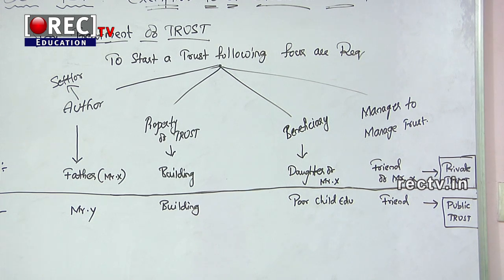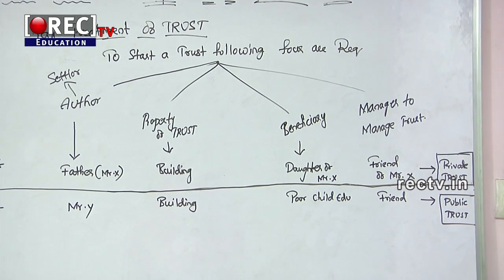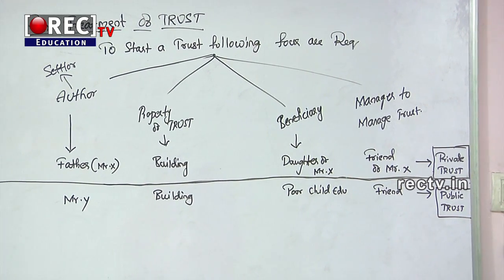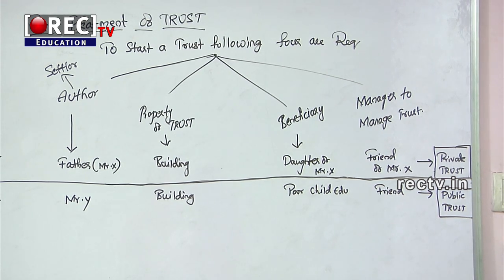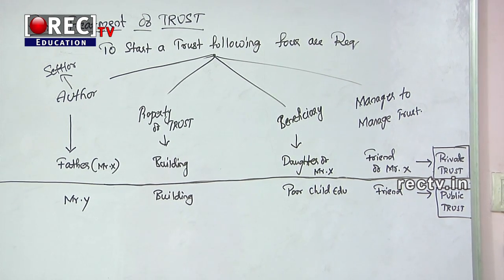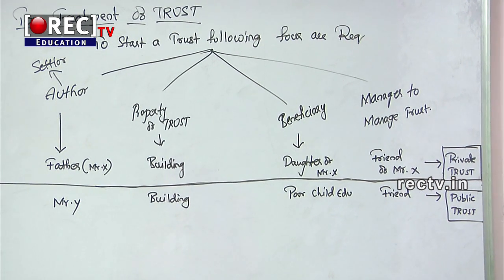The income which is generated from the property of the trust is benefited to the daughter of Mr. X, and that is totally managed by Mr. X's friend. Now this is known as a private trust because here the beneficiary is the settlor's daughter. So here it is not benefited to any other person or for any charitable purpose. So it is a private trust.